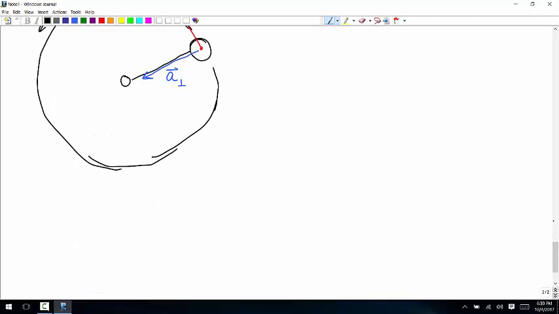And so in this case, the total acceleration is equal to something in this direction plus 0, which just has to give you something in that direction.